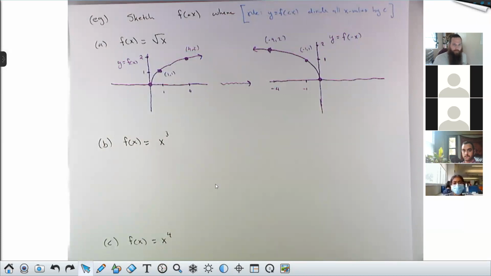All right. Any questions about how we're getting this graph from this graph? Any hypotheses about this function? Do we think this function might be even or odd or anything like that? Is it even?